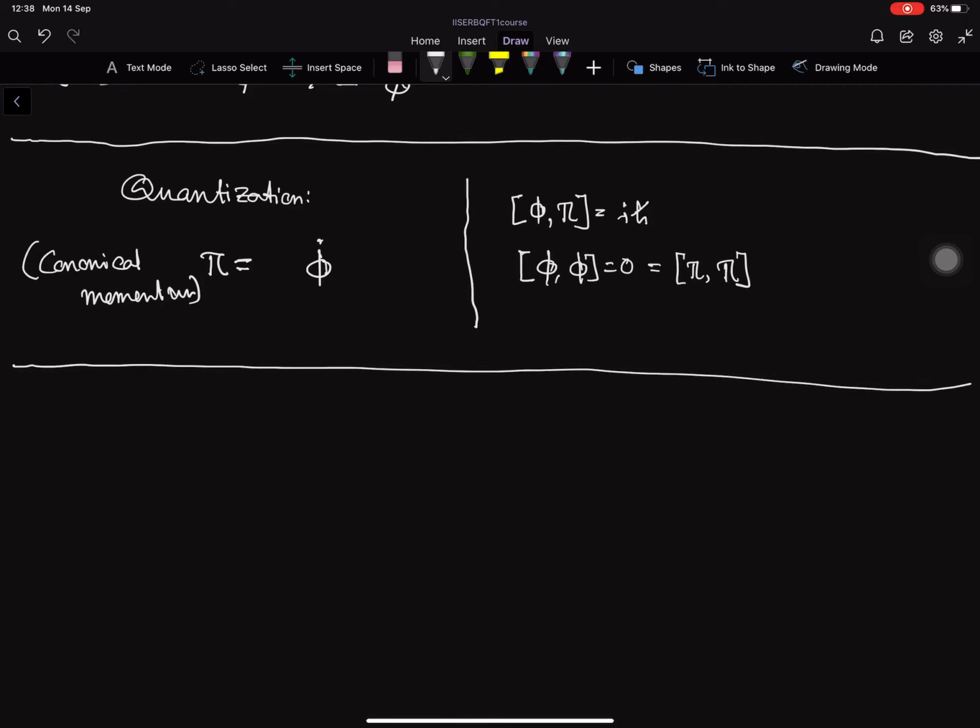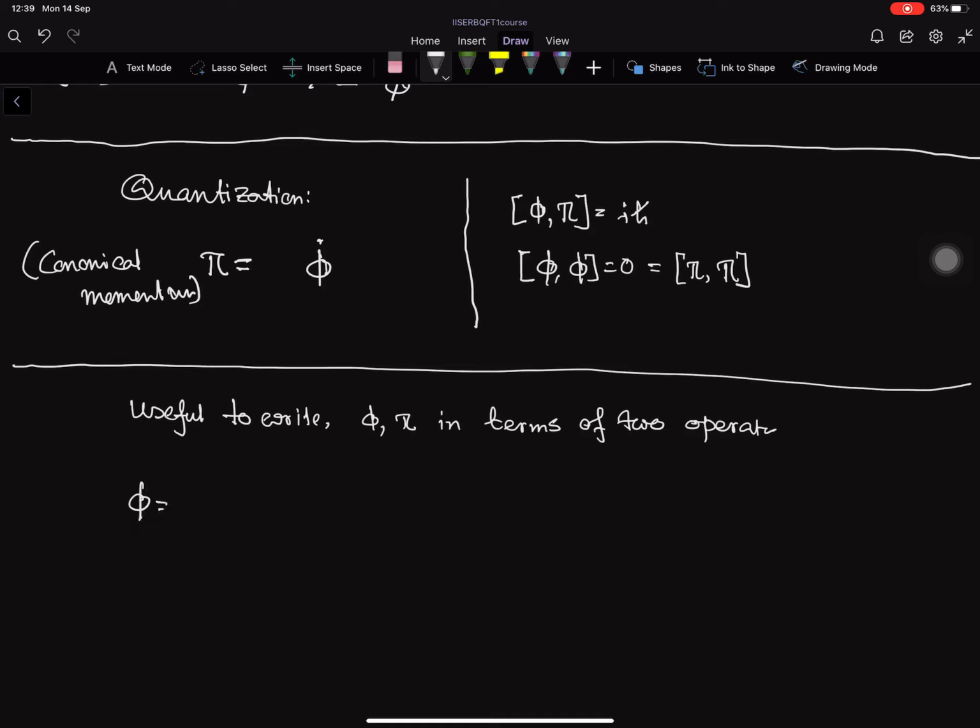Now, in order to proceed, it is useful to write phi and pi in terms of two operators, a and a dagger.